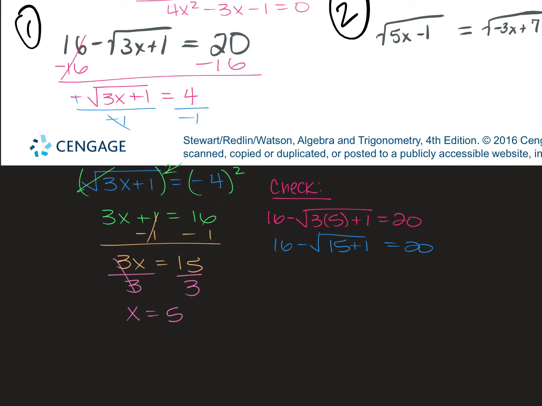From here, the 15 plus 1 is 16, so that's 16 minus the square root of 16 is equal to 20. The square root of 16 is 4, so that gives you 16 minus 4 is equal to 20. 16 minus 4 is not 20, it's 12. 20 is not equal to 12, so this is an extraneous solution.